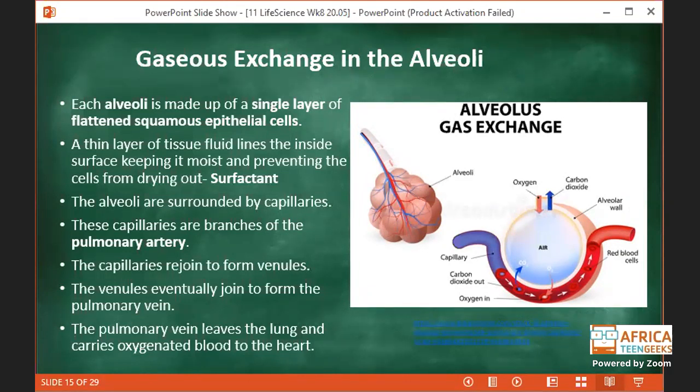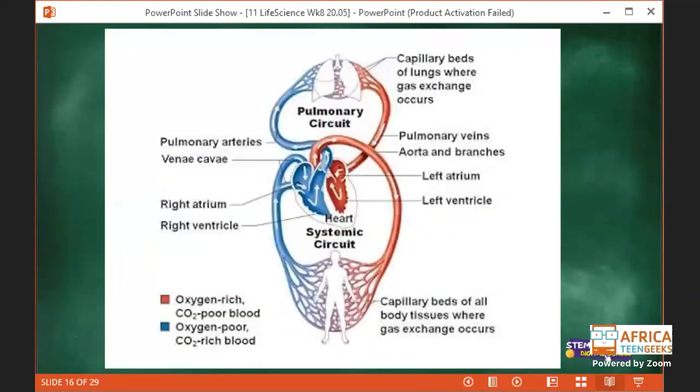This is the flow of blood shown here: it comes from the cells, and the carbon dioxide will diffuse out. After the carbon dioxide diffuses out, your oxygen will come in and bind to your red blood cells, and it will move back to the body cells. So remember we said from the lungs.